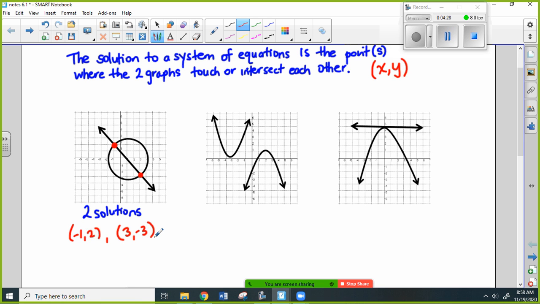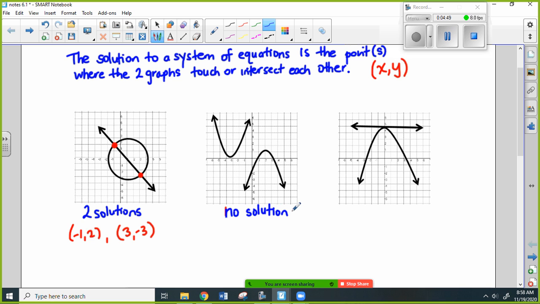Good, Anna. Yes, Hannah, Jared, Maddie, Delaney, awesome. All right, they're never going to cross. So this one is going to have no solutions or 0 solutions. So no solutions, you could write the word 0 solutions if you wanted to.